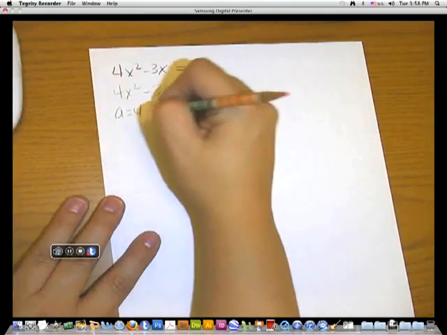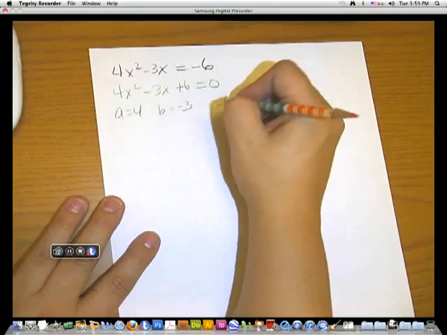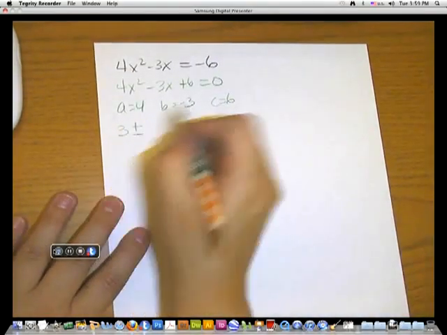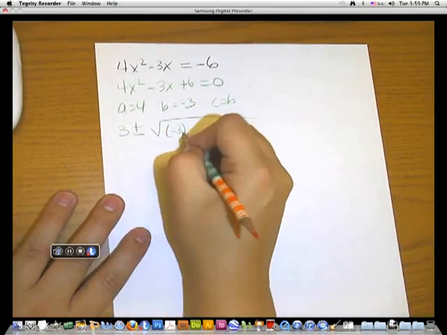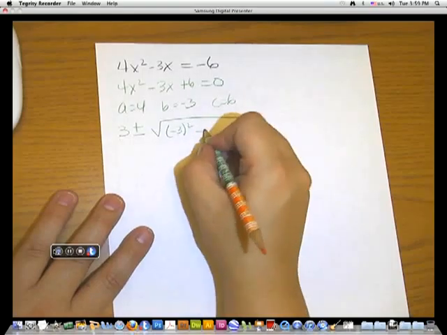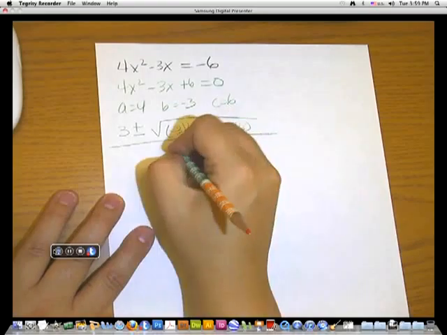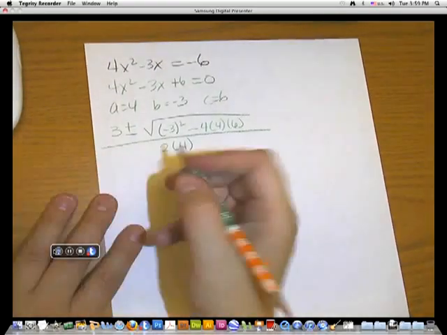Then you can tell me what is A, what is B, don't forget the sign, and what is C. You do have to show me the substitution. Opposite of B plus or minus square root B squared. Be careful if you're using a calculator. Parentheses, minus 4 times A times C all over 2A.